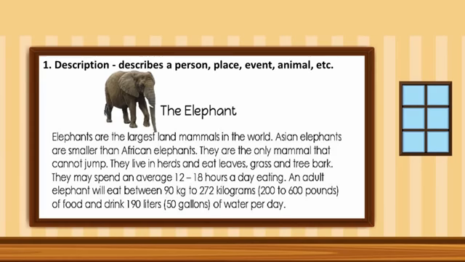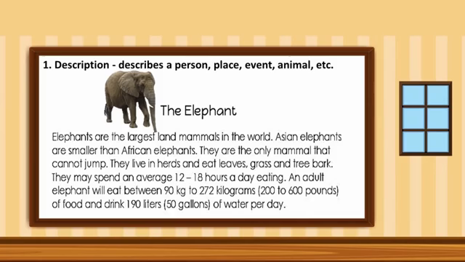Description. Description describes a person, place, event, animal, etc. Here is an example of a description text. The Elephant. Elephants are the largest land mammals in the world. Asian elephants are smaller than African elephants. They are the only mammal that cannot jump.